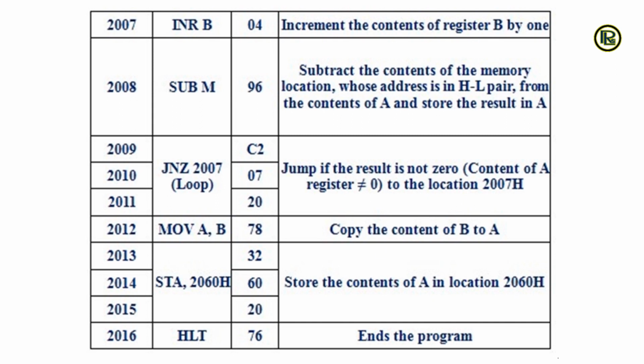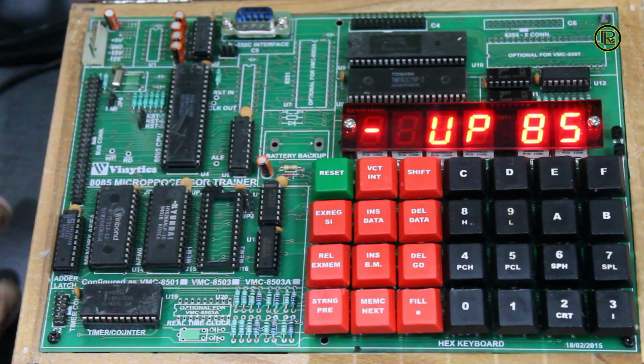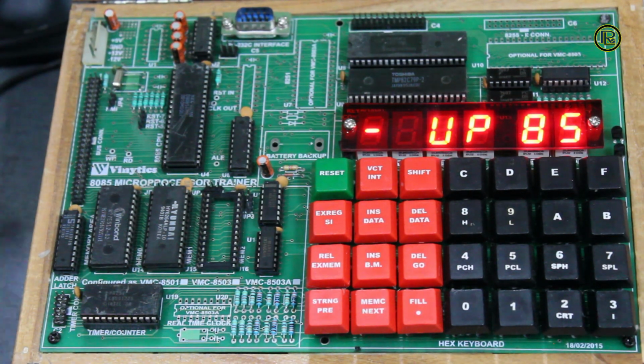So let's again go back to the trainer board to write this program, to execute the program and get the result. Now I am going to show you the division by repeated subtraction. As I discussed in the slide, I have to take two numbers and divide them.